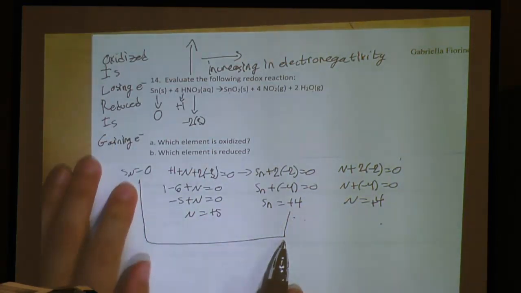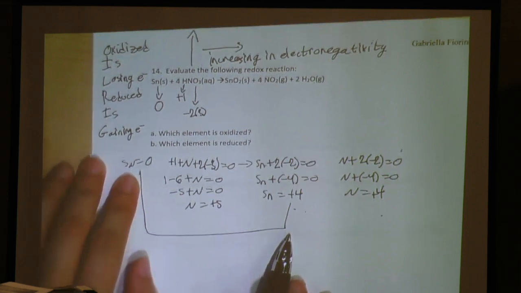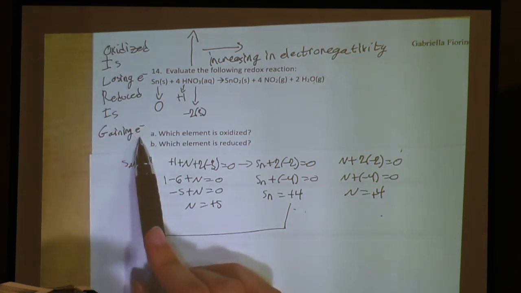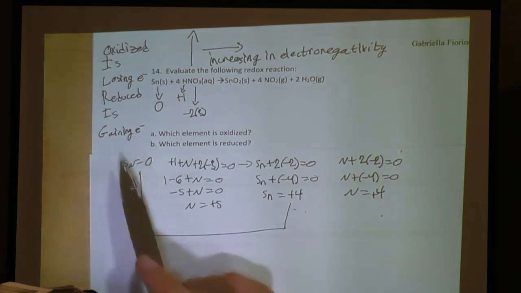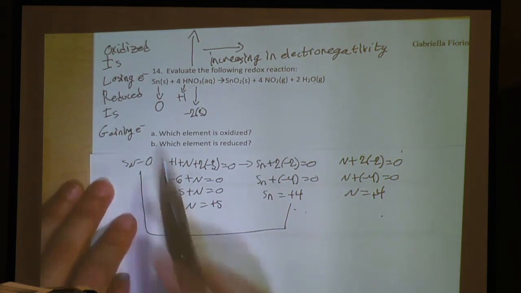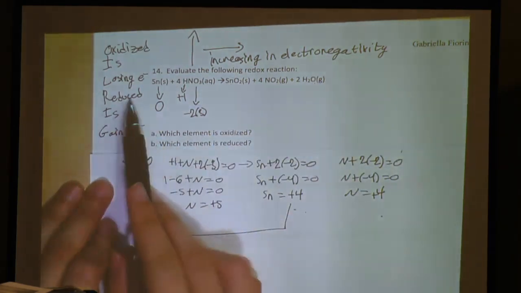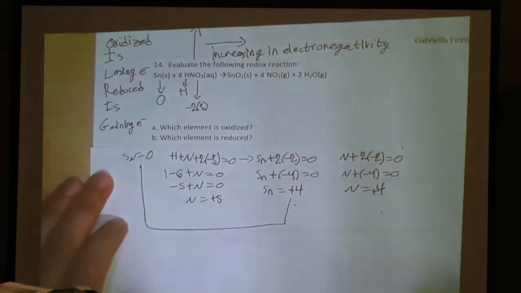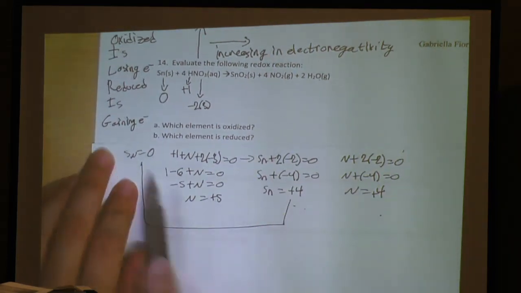So what happened to Sn? Did it gain or lose electrons? Well, this is where it gets a little tricky. Electrons are negative, right? So if you're taking in something negative, you're going to become more negative. If you're losing something negative, then you're becoming more positive. An example I give is, imagine you had an evil twin or something.